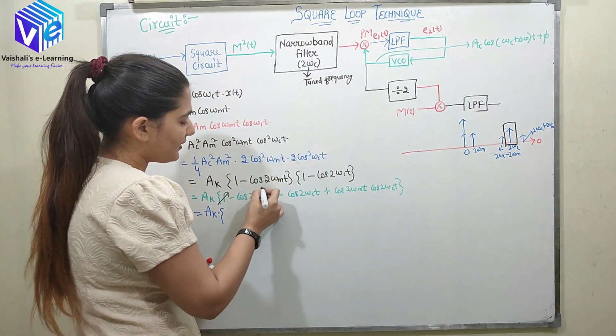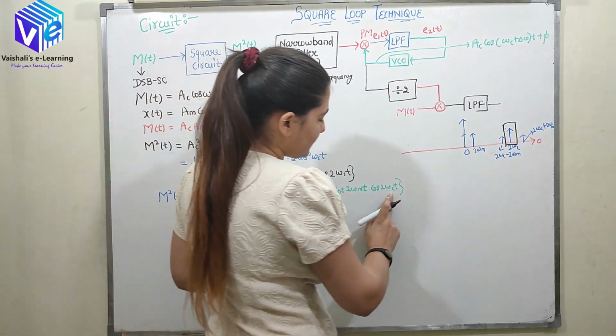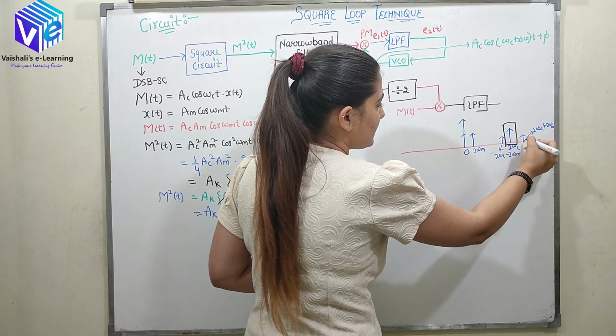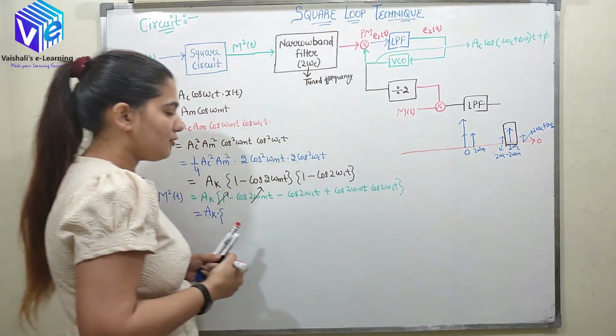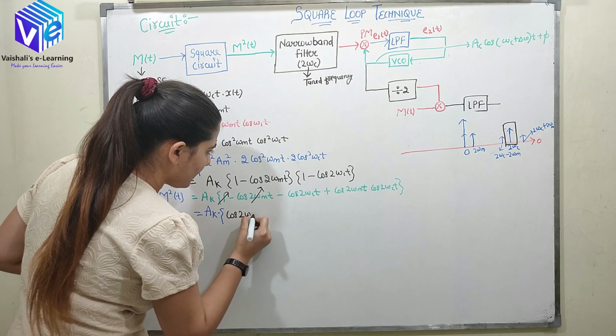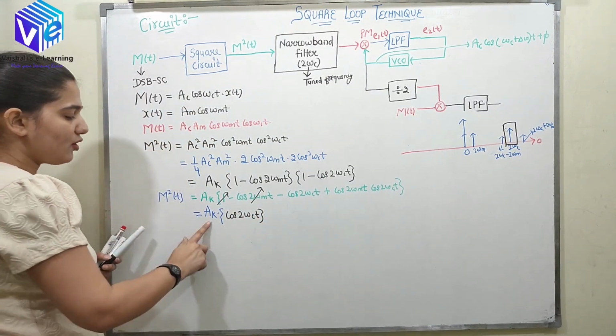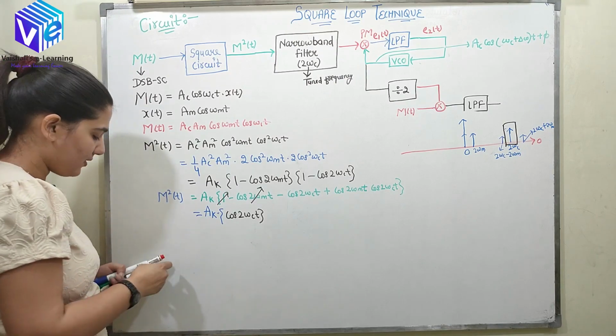Cos 2 omega mt is also rejected, it is here. This signal is also rejected because it is here and here. So now I am left with cos 2 omega ct. I am not considering the negative sign because I have considered ak to be my constant.